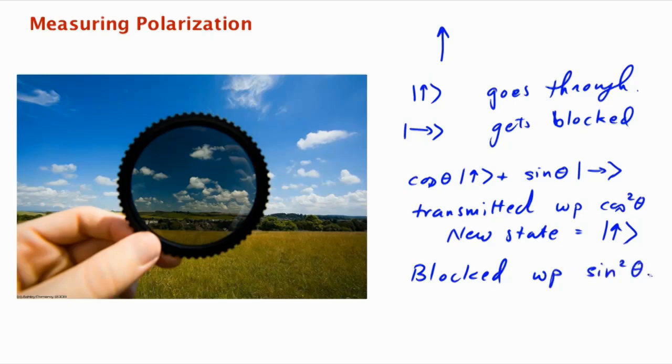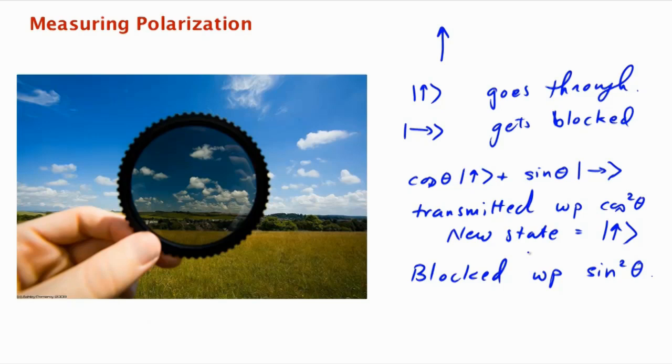Now, of course, the other thing you can do is change the orientation of this lens, so that it's pointing at a diagonal angle. And then what happens to the rules of transmission? Exactly what we said.